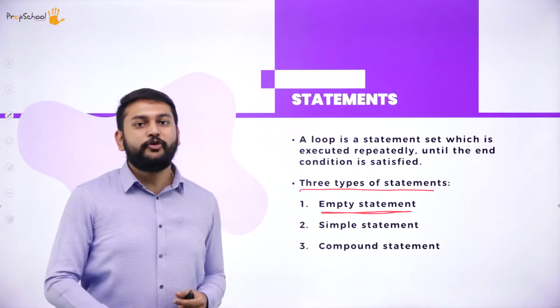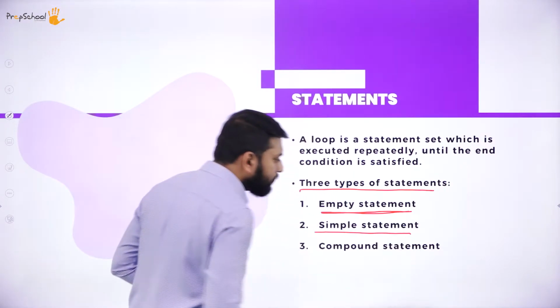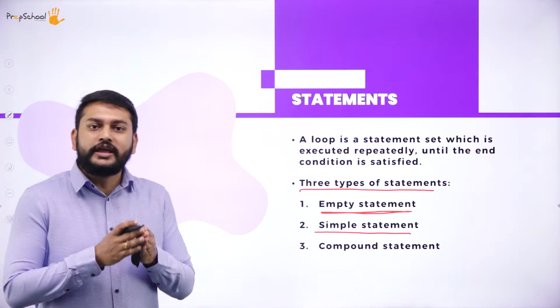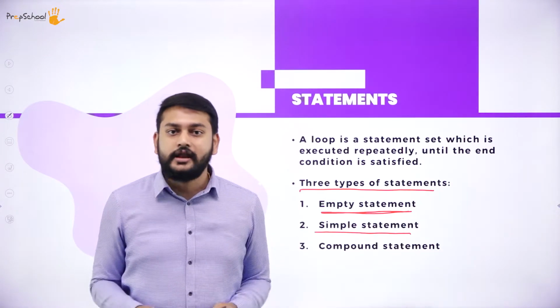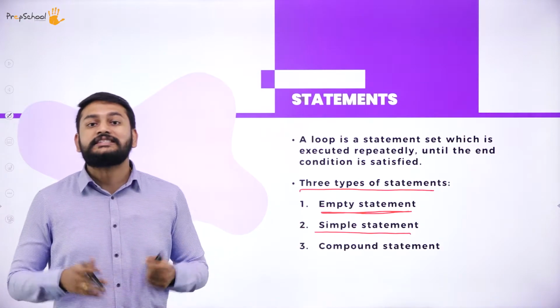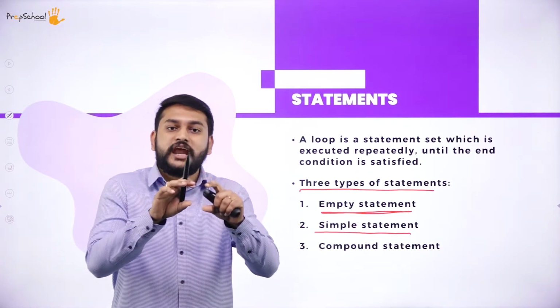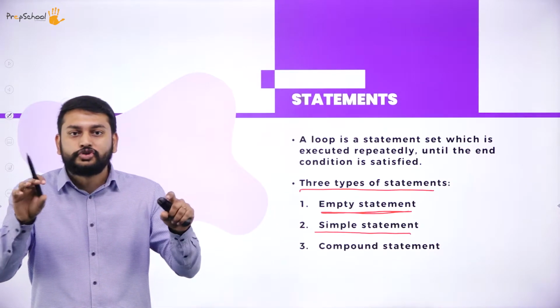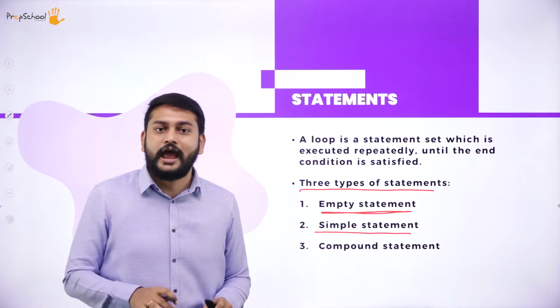The next type of statement that I have is the simple statement. If I am able to execute that instruction or statement in one single line, that is an independent instruction in one single line.